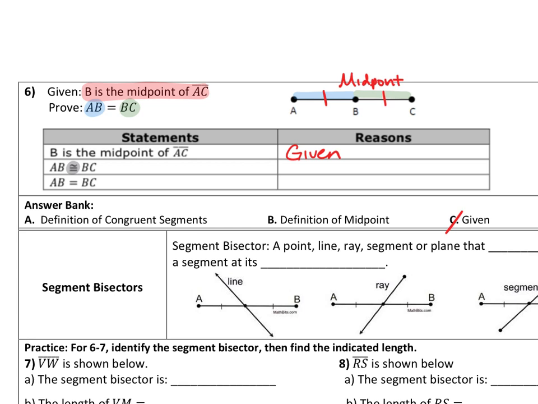So because we know it's a midpoint, I skipped a step. We said it out loud. We said that because we can put them in the middle there and the little tick marks, that the definition of midpoint, like Jordan said, is in the middle, which means it makes congruent segments. And since we know they're congruent, that definition tells me that they are equal.